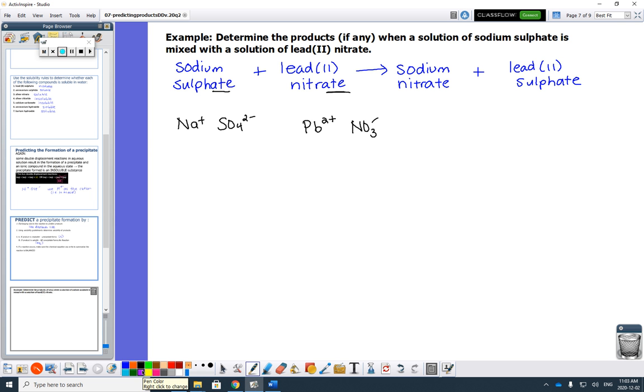So when you crisscross, sodium is a 1. That makes things nice. You don't technically need brackets then, but it's up to you if you want to put them always. This 2 from the sulfate is going to go down here. If you're a bracket person, put them in.